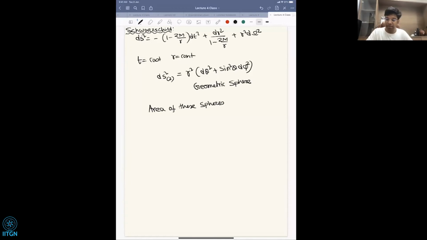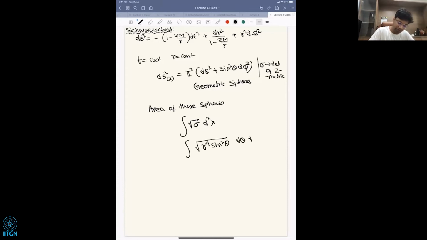How do I calculate the area of the sphere? It is the integral of root sigma d2x, where sigma is the determinant of the two-metric on the sphere. If you calculate this determinant, you can clearly see it is the square root of r square into r square sine square theta, that is r to the power 4 sine square theta, d theta d phi.